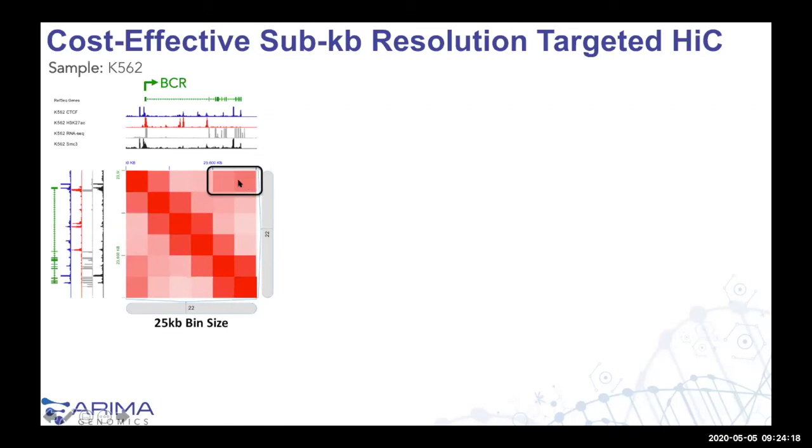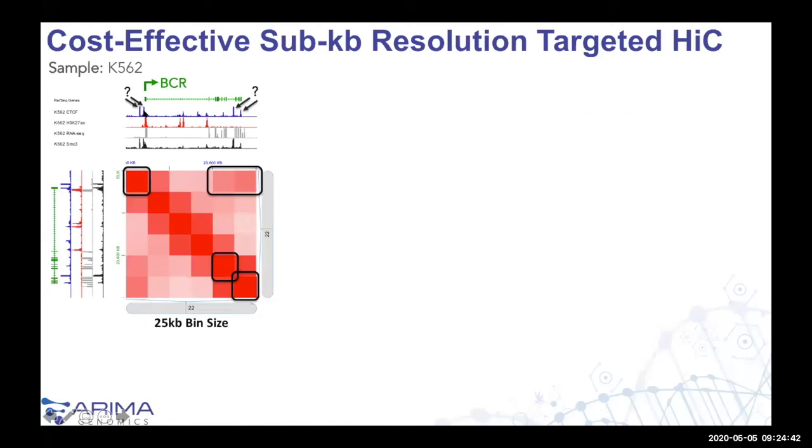When you trace it back to where it originates along the linear genome, it looks like a very pixelated image, and you can't tell when you look at the chromatin features whether it's this CTCF peak or that one associated with the interaction. You might really want to know whether that interaction is at the promoter of BCR, but you can't resolve that at lower resolution.